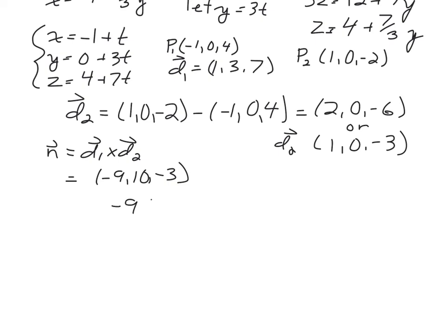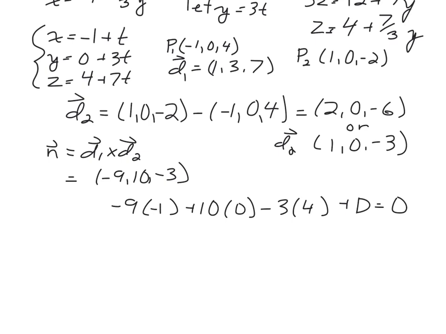So I've got -9 times x plus 10 times y minus 3 times z plus d equals 0. I'm going to sub in my point here, it doesn't matter which point I use, so I'm going to use (-1, 0, 4).